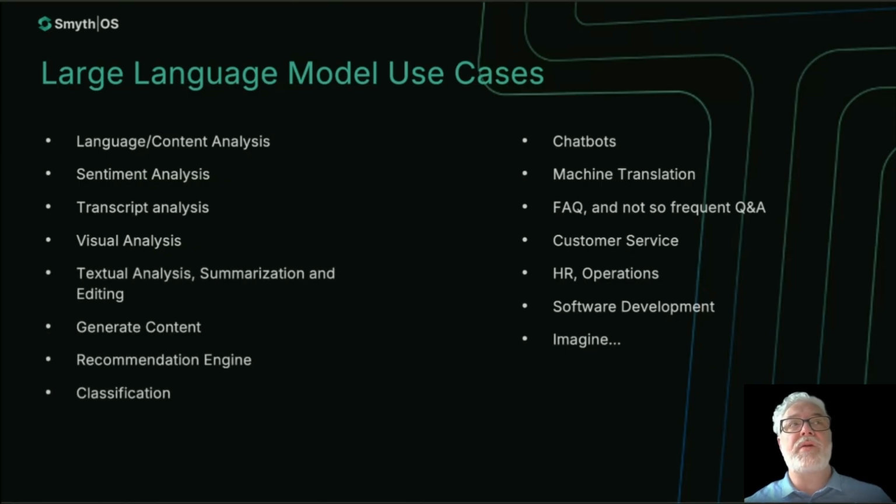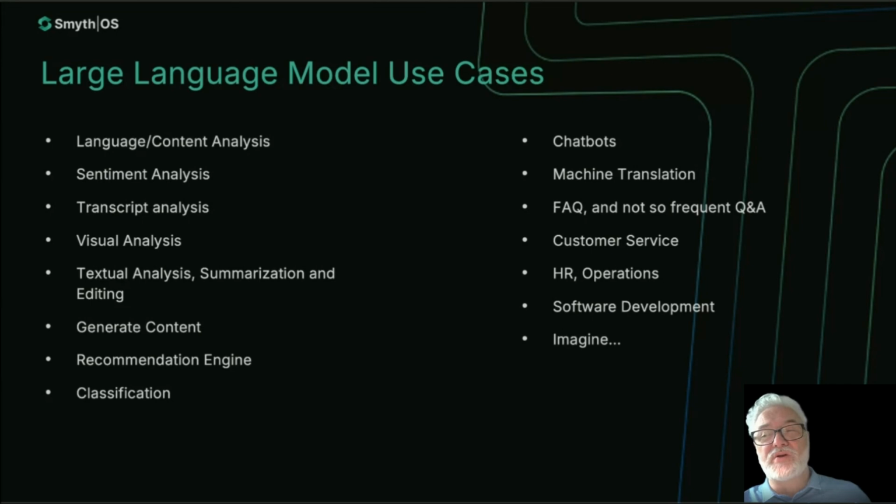And in them, you'll see things like language and content analysis, sentiment analysis, analysis of transcripts, like this very presentation that you're seeing now. We're getting a transcript. That transcript will be analyzed and used by an LLM to actually help provide more materials around this training.